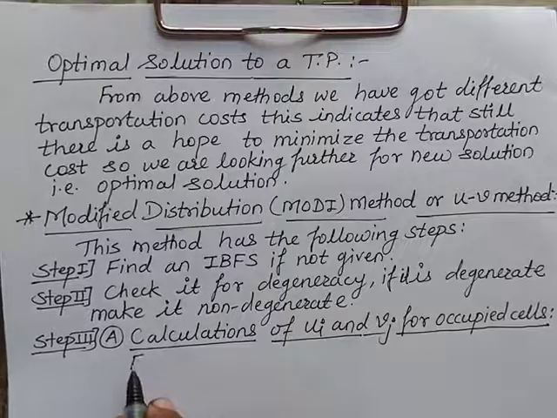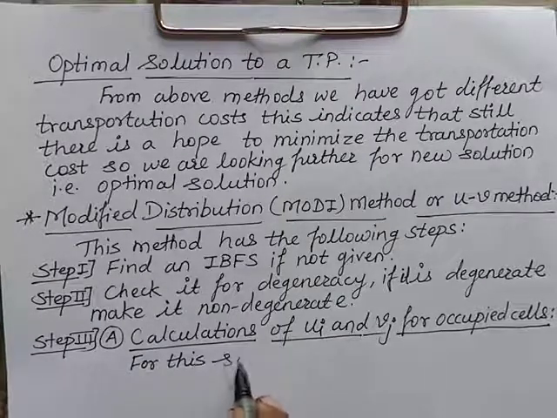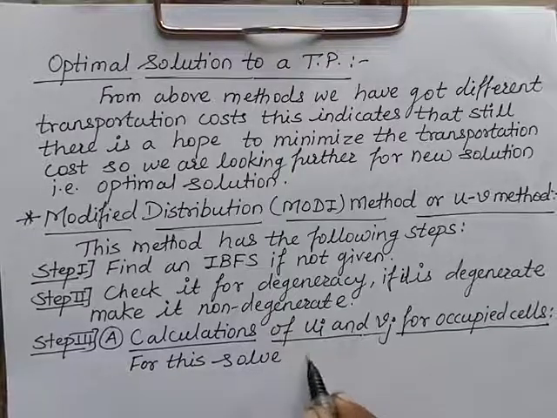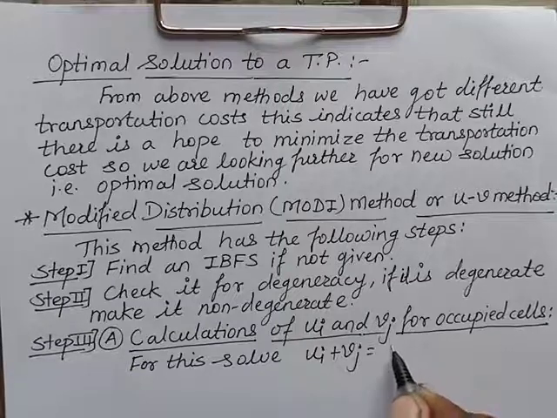For this, solve ui plus vj equal to Cij.